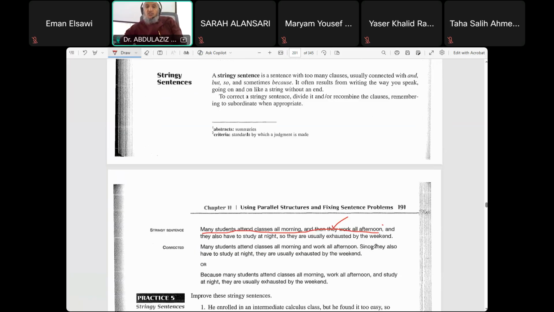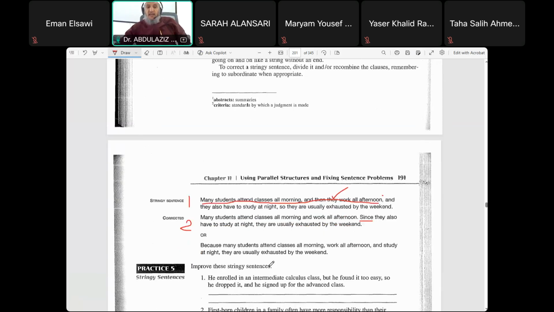Okay, so he used a subordinator. Instead of one stringy sentence, he made them two normal sentences. This is one way of correction.